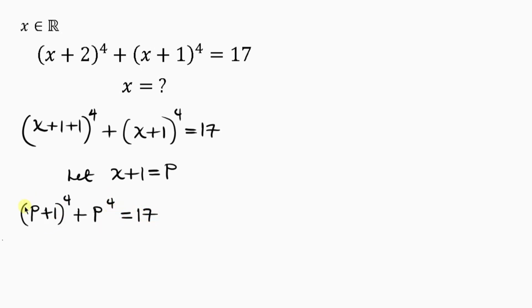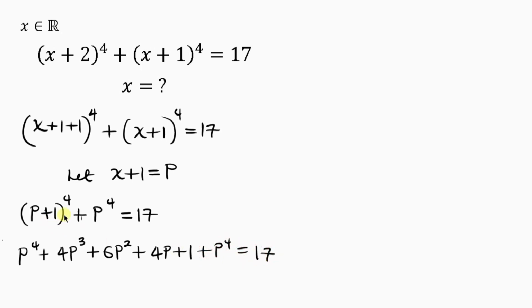Now let's go ahead and use binomial expansion to expand this. So using binomial expansion, I'm going to be having p^4 + 4p^3 + 6p^2 + 4p + 1 + p^4 equal to 17.